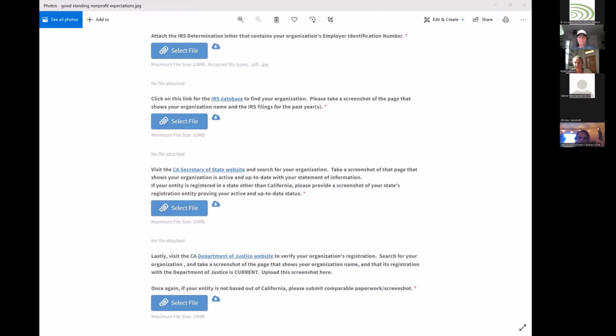If you are not in California, click on here and then type the name of the state you're a part of, so for example, Nevada is probably the big one, right? Nevada, and then nonprofit compliance, and it will share with you what you need to do and what is the same or comparable to the statement of information and registry verification. Okay, that's in a nutshell.